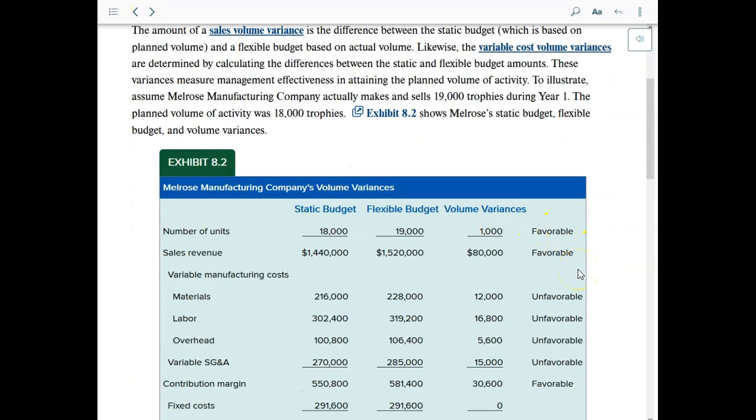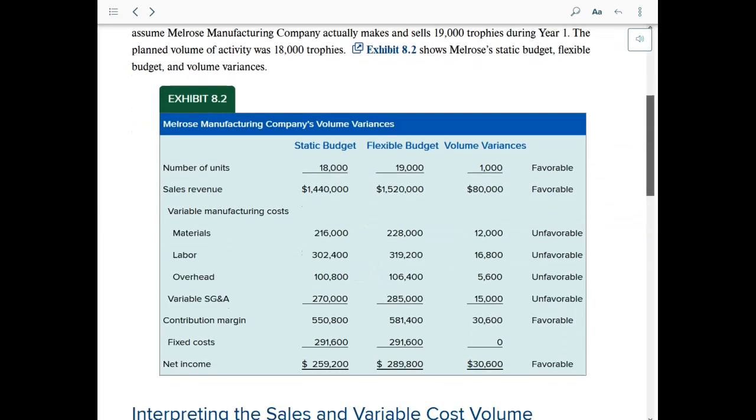What we're going to do here then is look at the budget level that we thought we were going to have and compare it to another level. So if you actually, like I said, they actually make and sell 19,000 trophies, units. So instead of 18,000, during the year they actually had 19,000 they produced and sold.